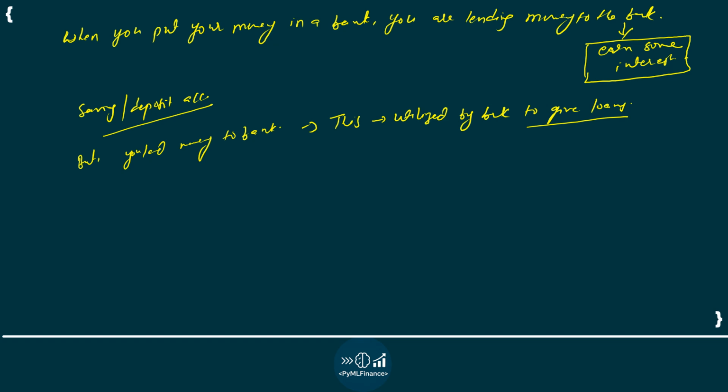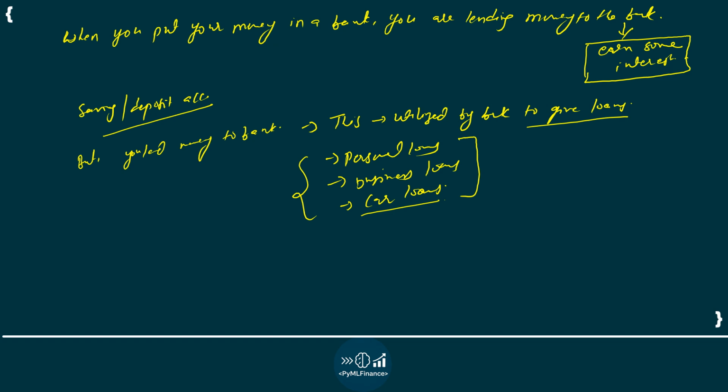So for example, they give personal loans, they give business loans, they give car loans. They don't keep your money up in a locker. They use that money to give loans to others, and they charge higher interest on these loans.